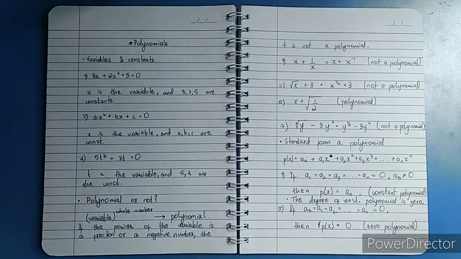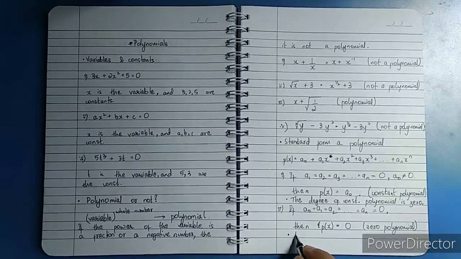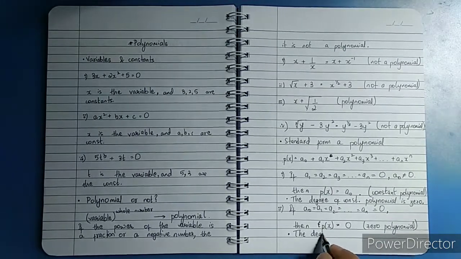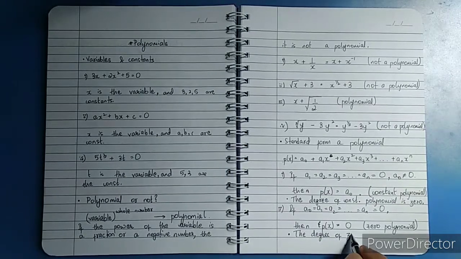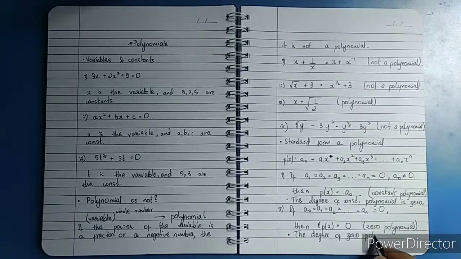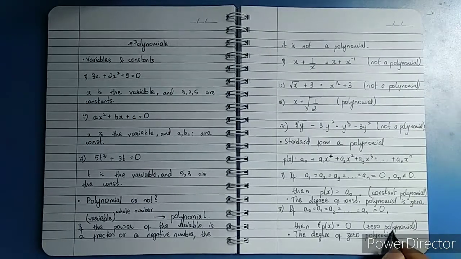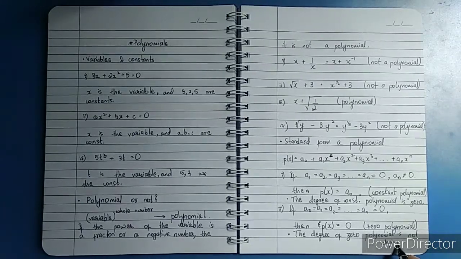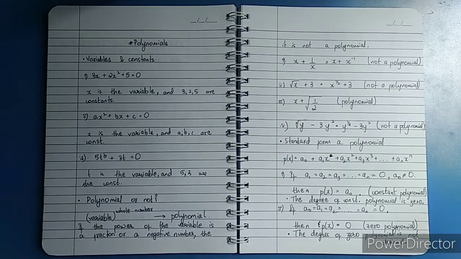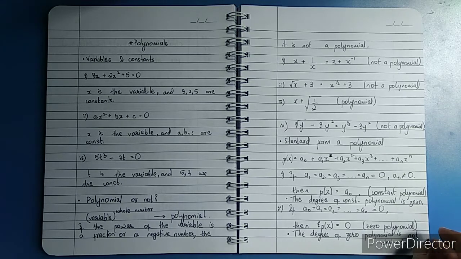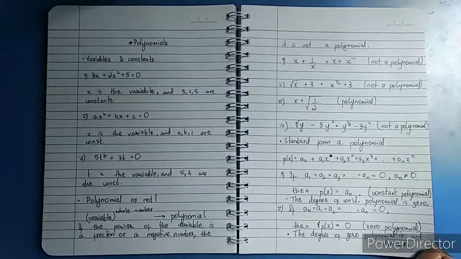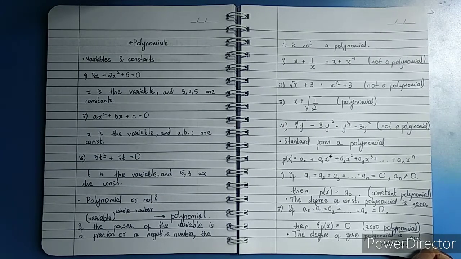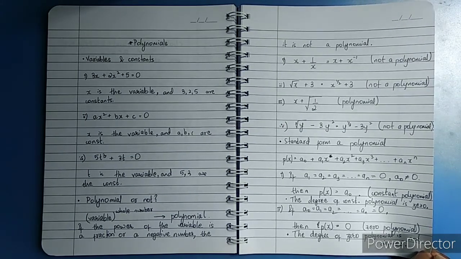Degree is basically the maximum power to which a variable is raised. Over here, as there is no term, the degree of a 0 polynomial is not defined. Degree is whatever maximum power the variable is raised to.